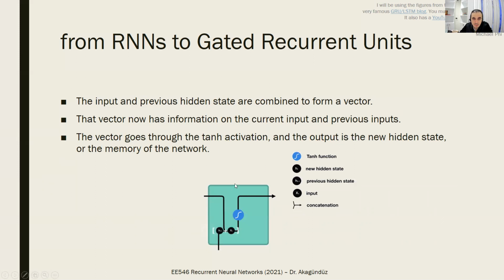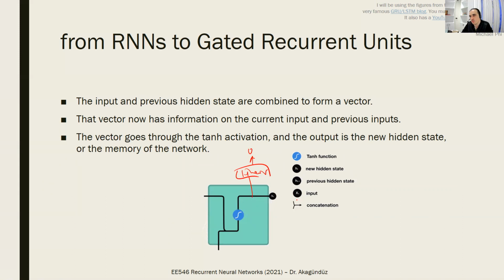So we had the input and the previous hidden state combined, concatenated, and fed to an activation function, which was traditionally the tanh function, the hyperbolic tangent. And that was the next hidden state. And if you needed to create an output, you added another layer here, a dense, fully connected linear layer, and you had the outputs.